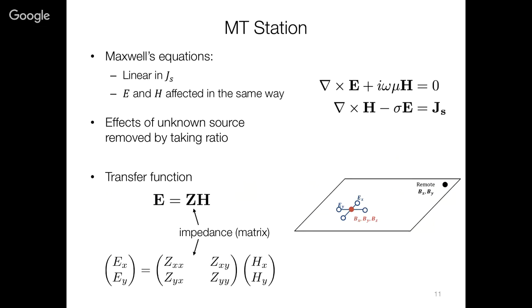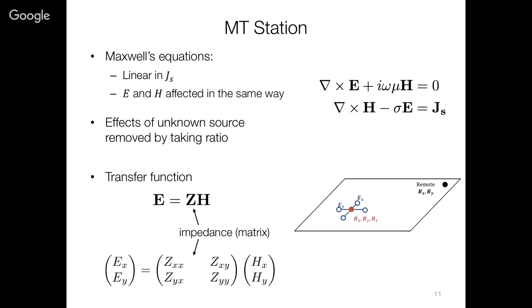The way we do that is introduce a ratio of fields. In Maxwell's equations, if I change the source, both E and H behave in the same manner. So if I somehow took a ratio of them, the effect of the unknown source would kind of cancel out. That's basically the idea. The way of formalizing that is to introduce what's called a transfer function.